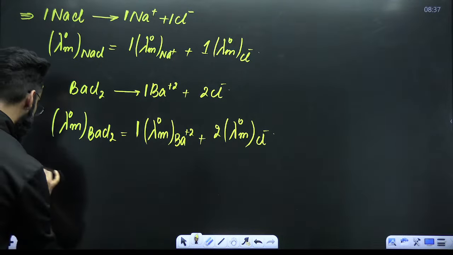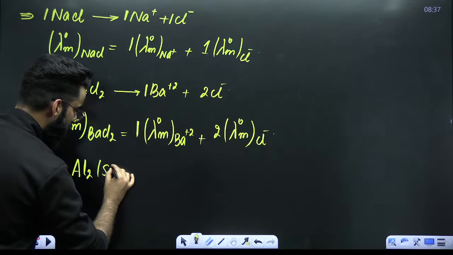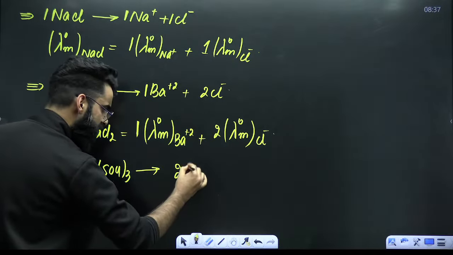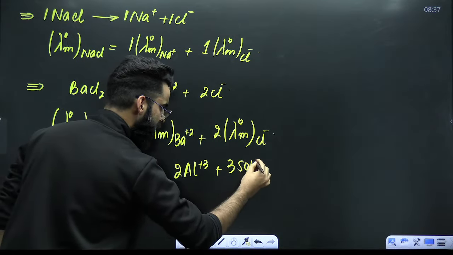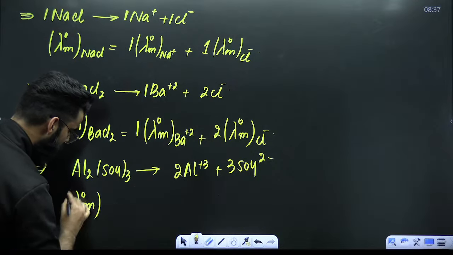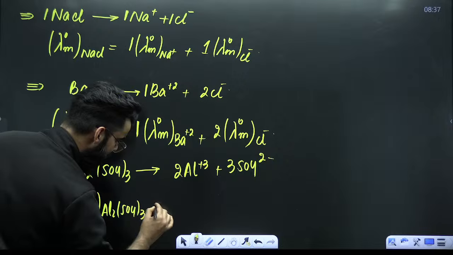Perfect. For example, you have got an electrolyte like Al2(SO4)3. How would it have got dissociated at infinite dilution? It is 2 times Al tri positive plus 3 times SO4 di negative. Now, if you want to write the molar conductivity at infinite dilution for Al2(SO4)3, you can write it like this.